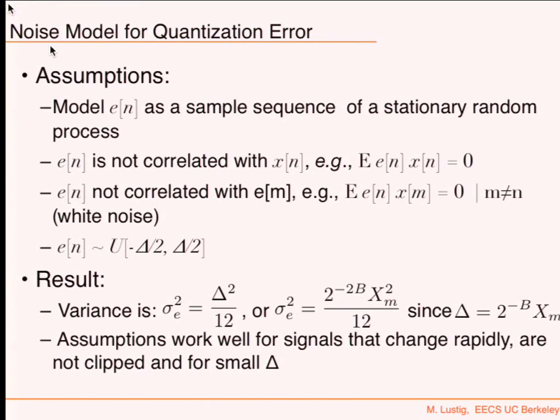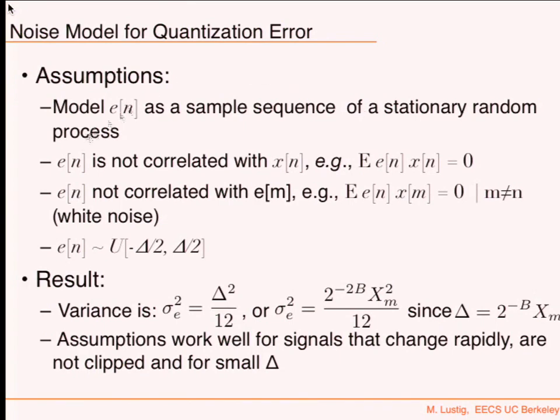So what we're going to do now is model this e of n as a noise process. And the question is whether that modeling is correct or not. But right now we're going to assume something about that process, and pay attention because it's really important. So e of n is going to be a sample sequence of a stationary random process, which means that statistics don't change over time.